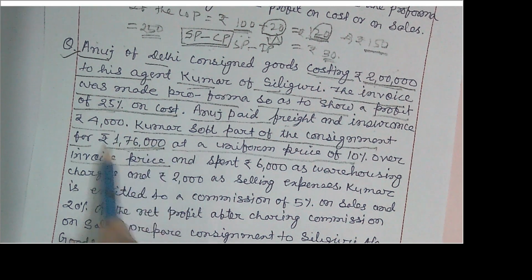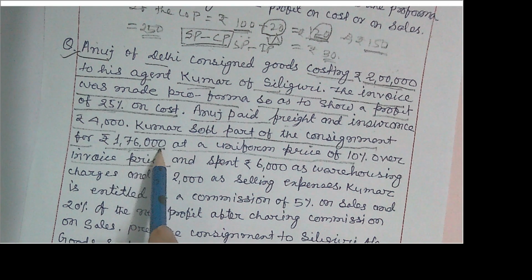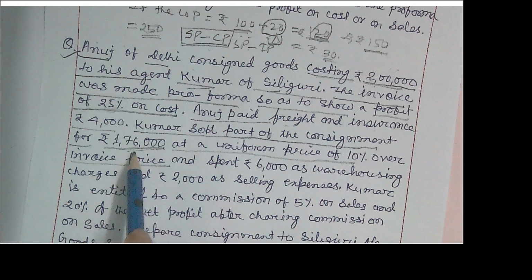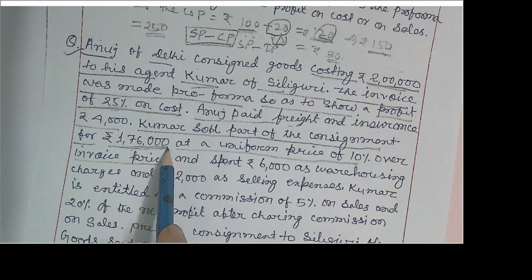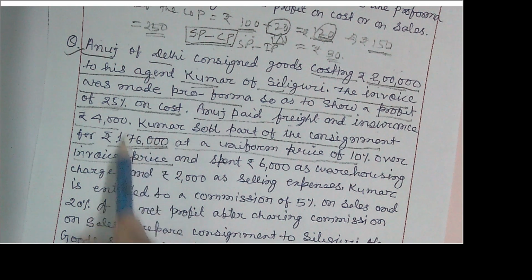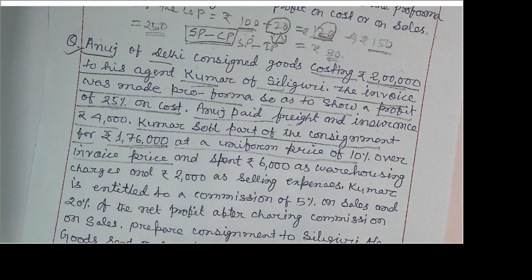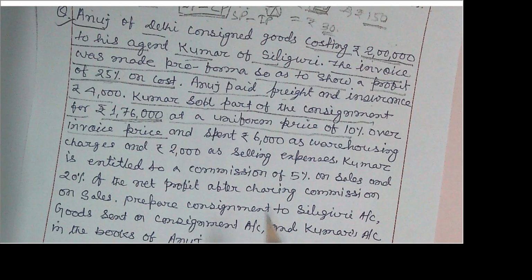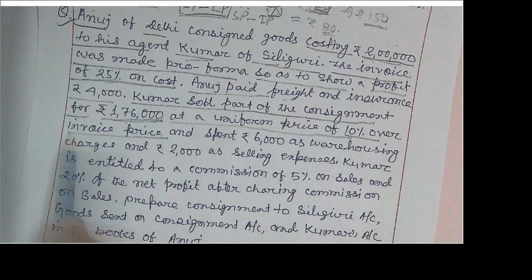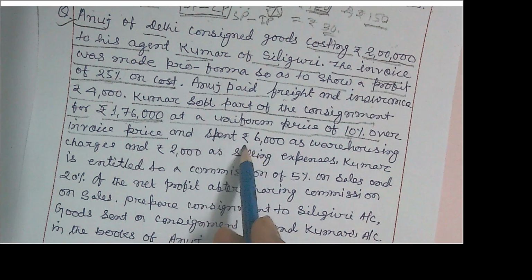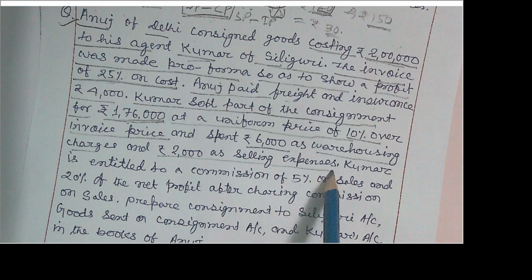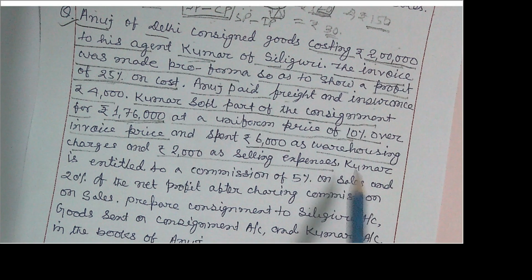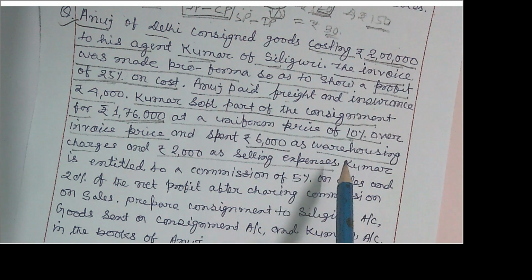This 1,76,000 is the goods sold by Kumar. In this 1,76,000, the 10% profit amount is included. If you remove the 10% profit, then what will be the invoice price of the goods? I will show you later. And he had spent 6,000 as warehousing charges and 2,000 as selling expenses after receiving the goods from the consignor.